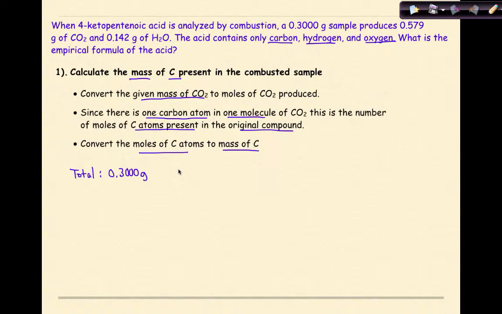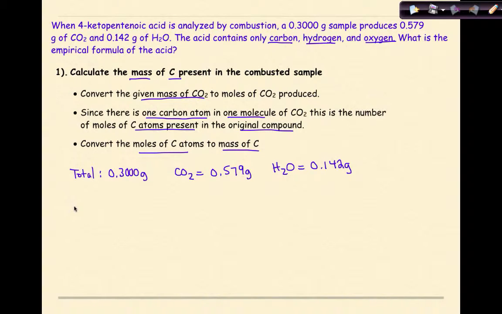They also tell us the mass of carbon dioxide is 0.579 grams, and the mass of the water, which we're going to use later, is 0.142 grams. So what we're doing here is converting the given mass of carbon dioxide to mass of carbon.